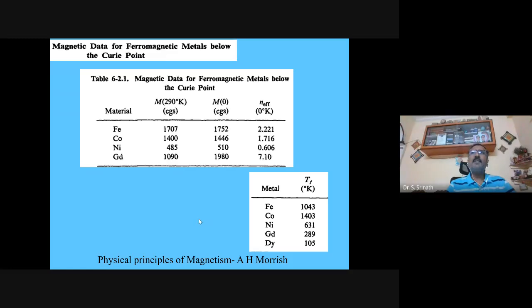What did I say? What is the magnetic moment? These are in terms of Bohr magnetons. Again, please remember, for iron it is 2.2 Bohr magnetons, for cobalt it is 1.7, for nickel it is 0.6, and for gadolinium it is 7.1. And what is 1 Bohr magneton?